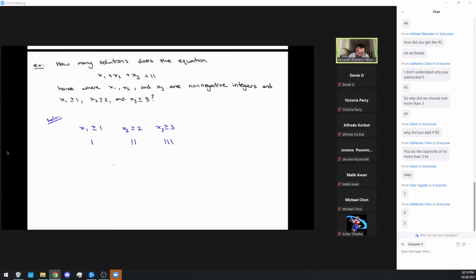So that means I'm going to take 5 plus my dividers, which is 2 of them, so what I really have is 7 positions, and I'm going to choose 5. So this is going to be C of 7 comma 5, and that's the solution to this one. Any questions?